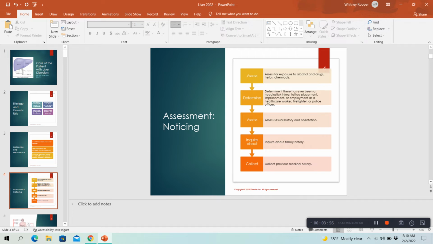You need to assess their sexual history. As you know, when you presented on hepatitis, a lot of it had to do with sexual partners, unprotected sex. You always inquire about family history, and you collect all previous medical history on them.